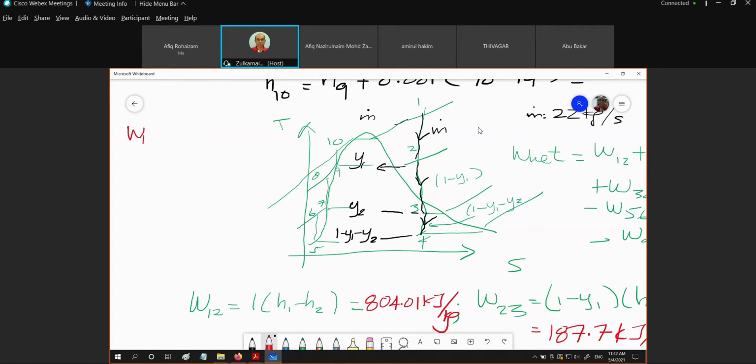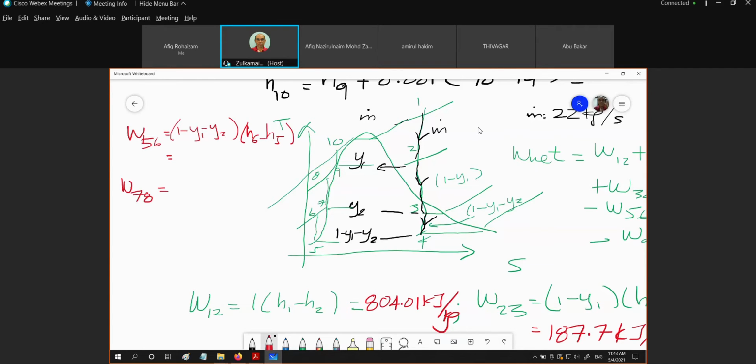W56 is equal to 1 minus y1 minus y2, h6 minus h5. And then our W78 is equal to 1 minus y1 minus y2, and then at point 7 we are combining the y2.